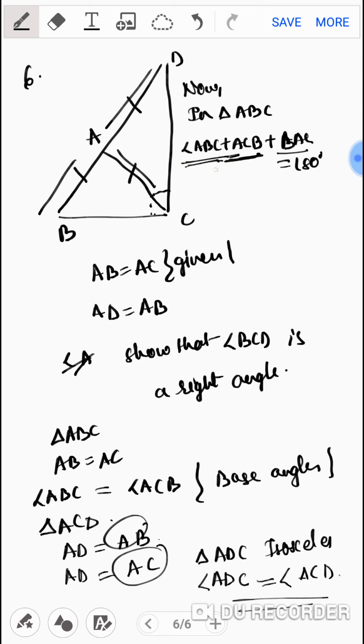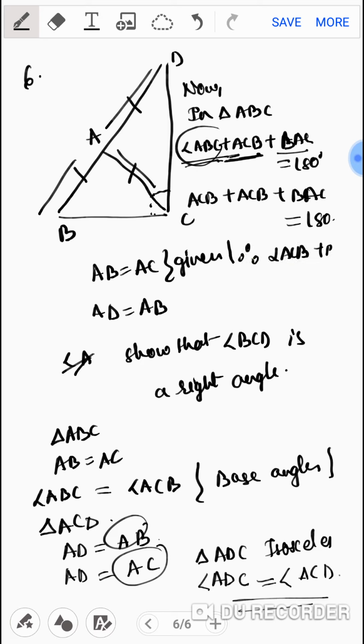These two are equal. So, can I write ACB instead of ABC? And this ACB plus ACB plus BAC is equal to 180. Therefore, what I'll get? 2ACB plus BAC is equal to 180.